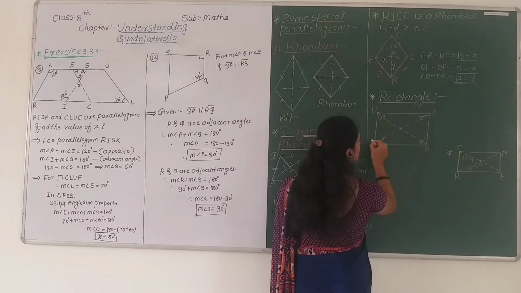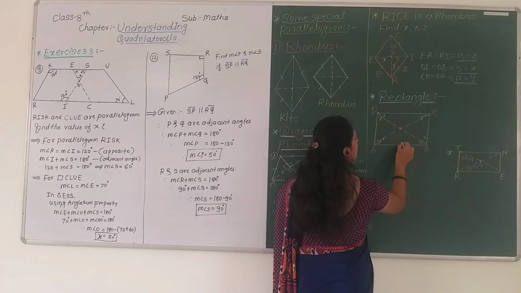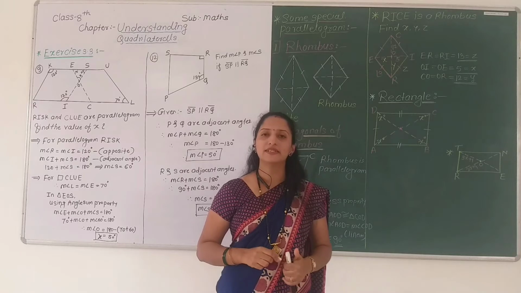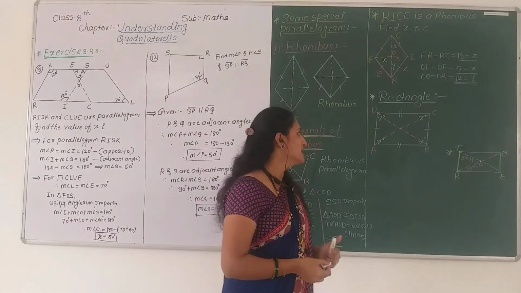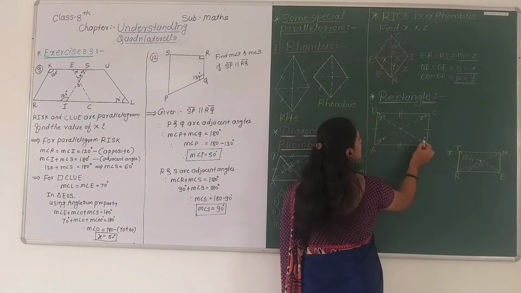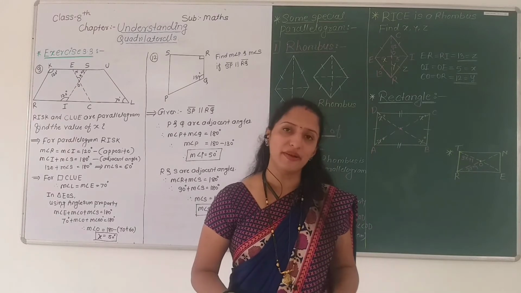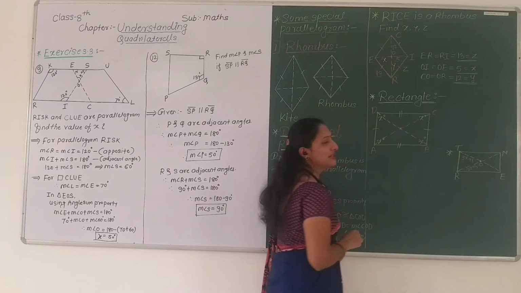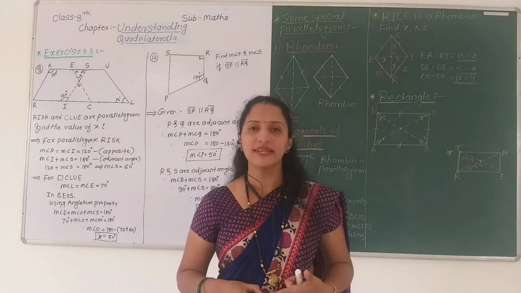If a rectangle is a parallelogram, opposite sides are parallel and also opposite sides are equal. Opposite angles are also the same. Adjacent angles are supplementary. And diagonals of a parallelogram bisect each other.